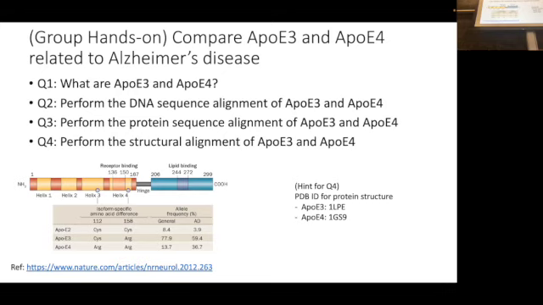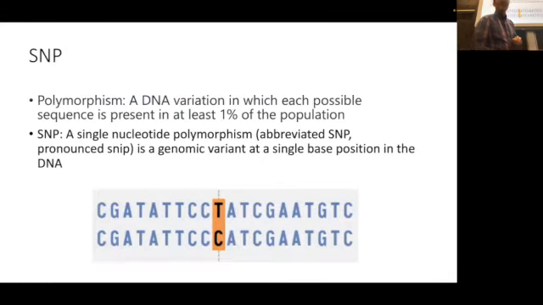Oh, I see you answered Q1 already. All right, let's start from question 2. Can you perform the DNA sequence alignment of these two, the APOE3 type and the APOE4 type? And then can you show something like this? This is not APOE3 versus APOE4, but imagine the top one is APOE3 and the bottom one is APOE4.